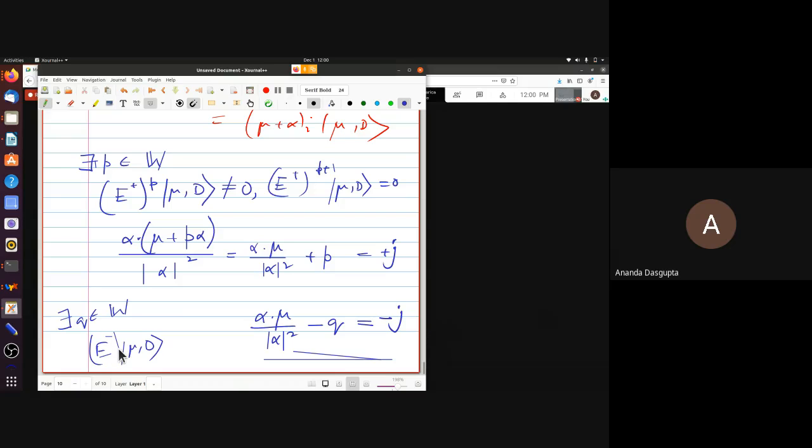All you're saying is, okay, there must be an end to this. You should be able to hit with E minus q times and still get something non-zero, so we'll still get a state. Hit it with E minus q plus 1 times, you get 0. Okay, so mu minus q alpha will be the corresponding lowest weight state, and that will give you this.